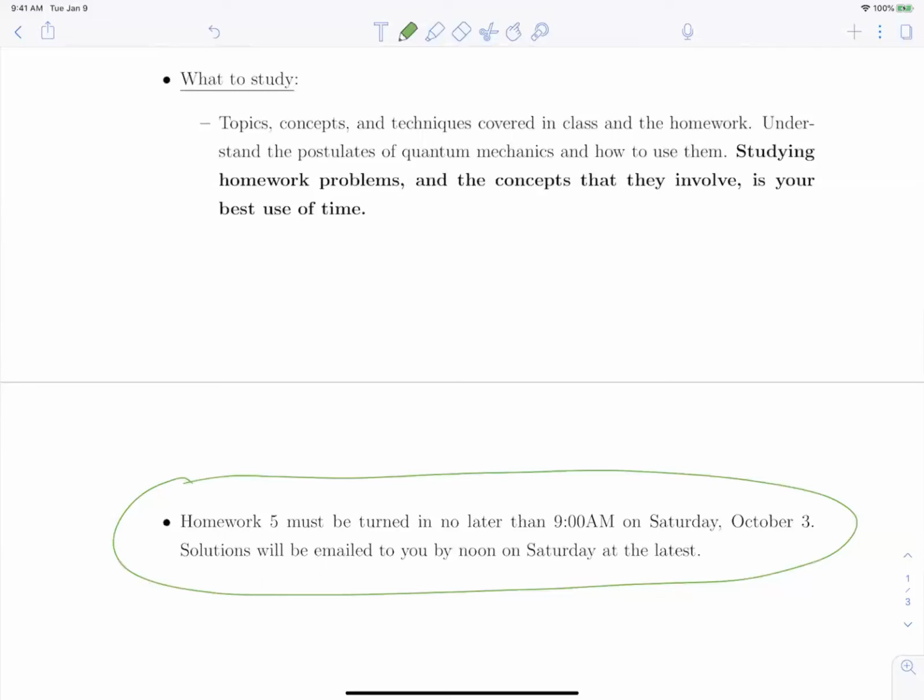But in any case, whatever's there when I wake up tomorrow morning is considered on time, and then I will email you the solutions for homework 5 so that you can study from them. Everybody should have already received all the solutions for homeworks 1 through 4, as well as your graded versions. So if you haven't, let me know, and I can send those to you.